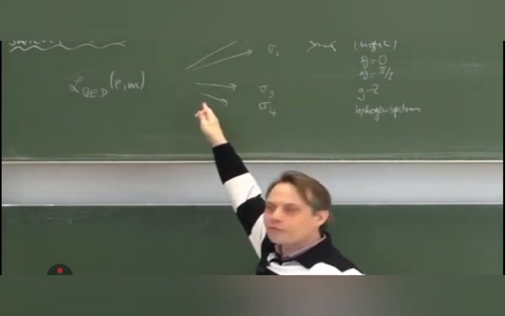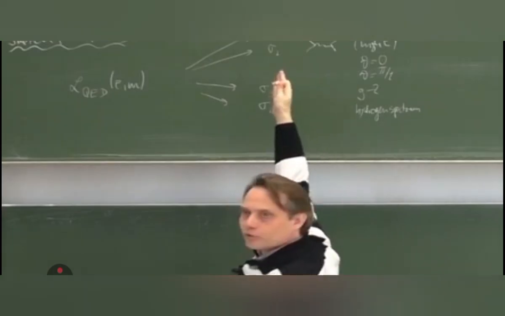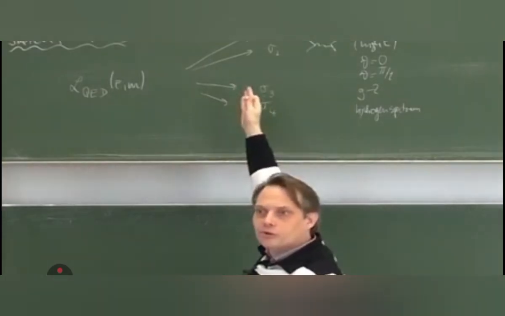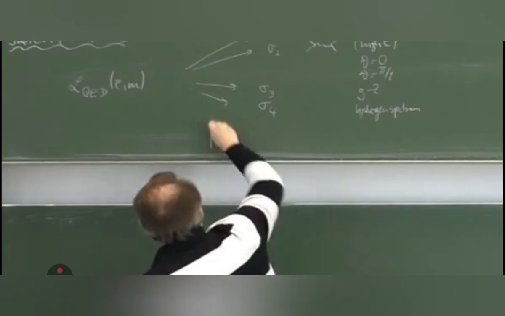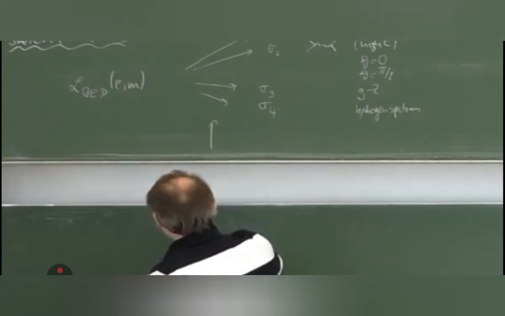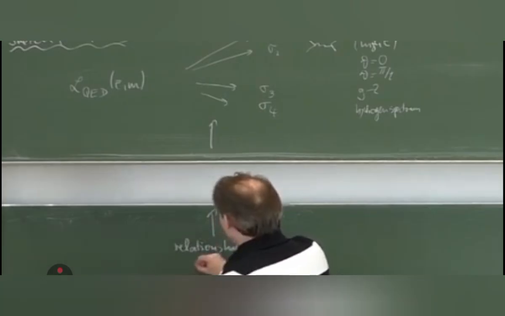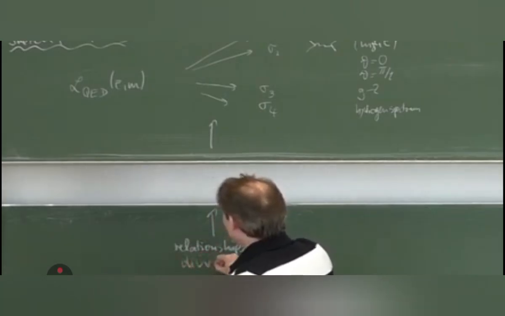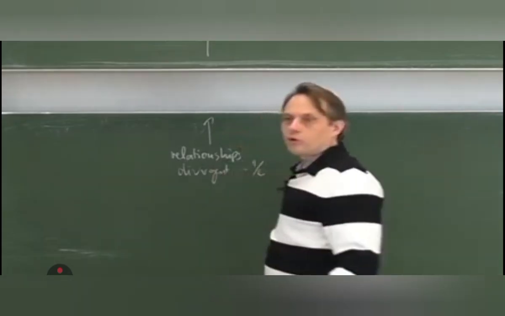So if you look at the calculated formula, then that formula will diverge for epsilon going to 0. So it might contain 1 over epsilon. So these relationships here, they are divergent, for example, like 1 over epsilon.